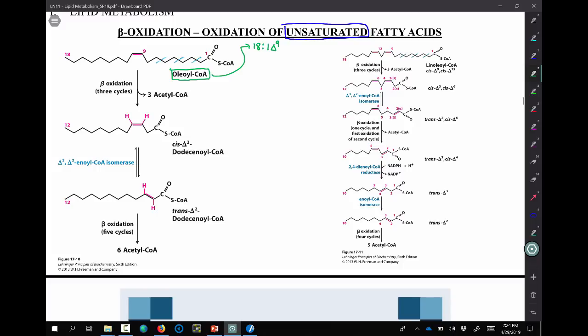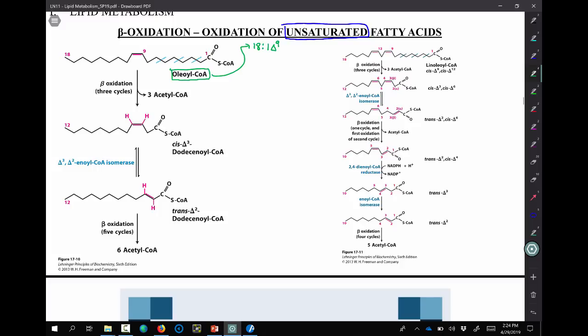So 1 cis double bond at the 9th carbon. When there is unsaturation, there has to be the invocation of different enzymes when that double bond is encountered in the beta oxidation process.